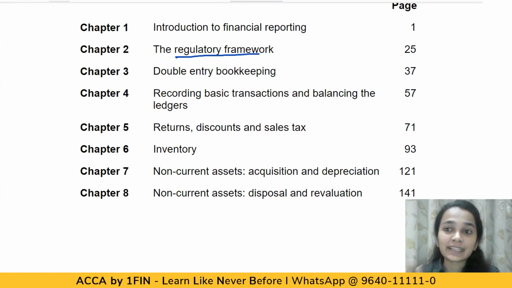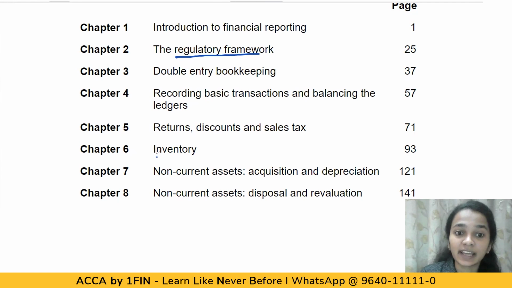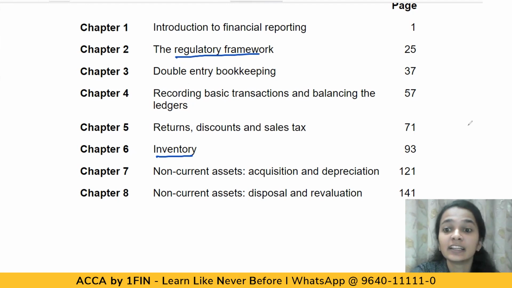We'll talk of sales, purchases, sales returns, purchase returns, how discount entries are passed, how we take care of taxes, and also inventory. Then we'll talk of depreciation, acquisition of non-current assets, and disposal and revaluation of non-current assets.